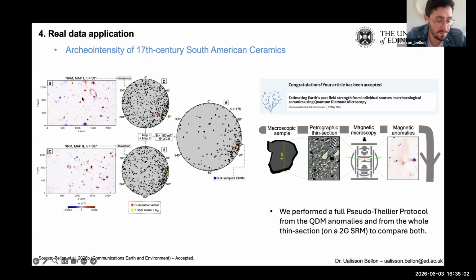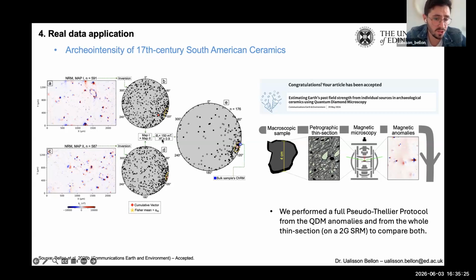You can see in this map several different types of anomalies, and then we inverted for all of them. You can see the inversion results for all of them in these two stereograms right here. The red is the cumulative vector, or the resultant of all these anomalies combined, and the star is the Fisher mean.